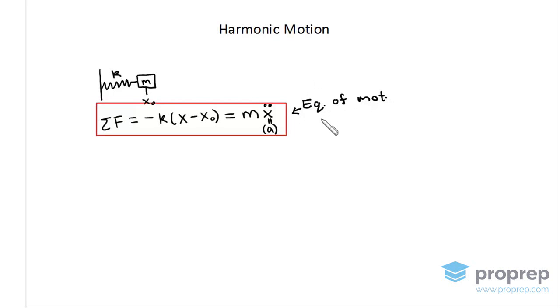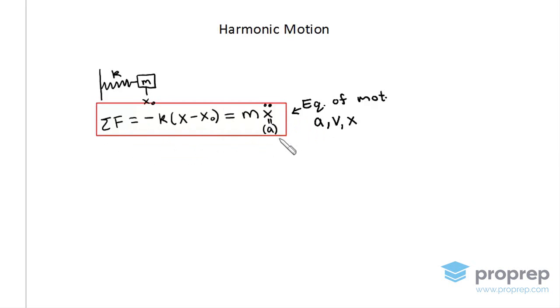Now, an equation of motion is any equation that has the variables of acceleration, so here we have x double dot, that's acceleration, or velocity, or displacement, x is displacement. And it can also have two of them, or if you find something with three of them, it doesn't matter. Those are equations of motion, and this equation describes harmonic motion.